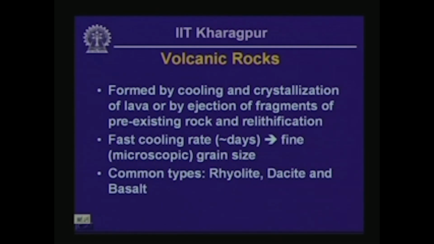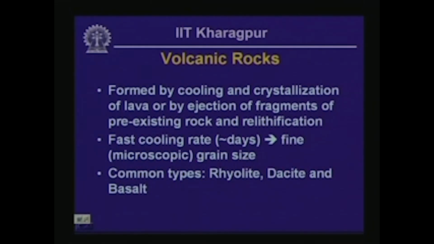The ejecta can also include fragments of pre-existing rock or volcanic ash, and these materials can also get welded together because of the heat of the process and lithify, or a rock mass forms out of the process. So, a main characteristic of this process is fast cooling of the rock forming material.